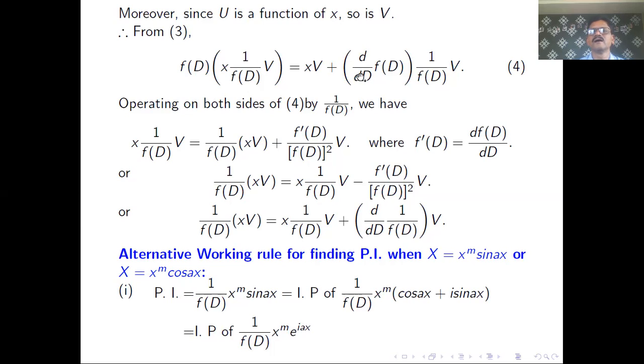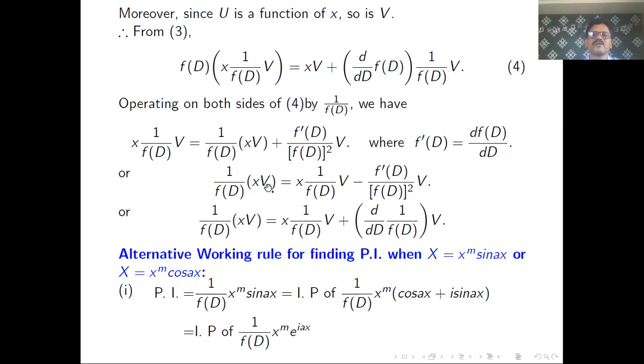And then remember friends, d by dD of f of D means f dash of D, so we can write this bracket as f dash of D, and that is written here. If you have operated 1 upon f of D, then this 1 upon f of D and this 1 upon f of D give f of D square. This v remains as it is.